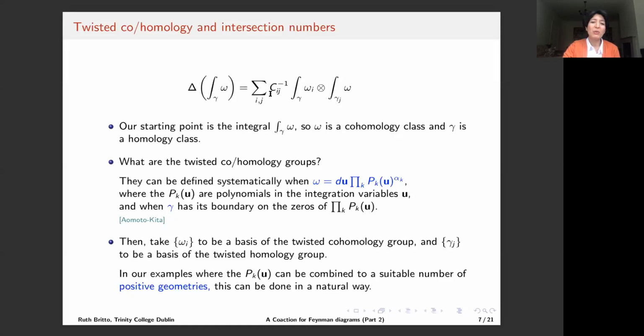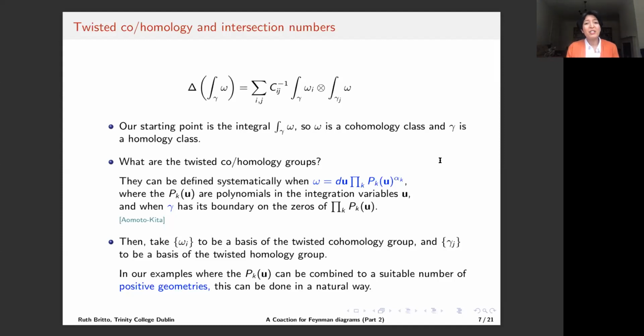So the question is, what are we going to want to take for these coefficients here? And what are then these new integrands and contours that we extract from the original information? We're just given as a starting point this integral, where omega is a cohomology class, related to this phi, which is a twisted cohomology class, and gamma is a homology class.